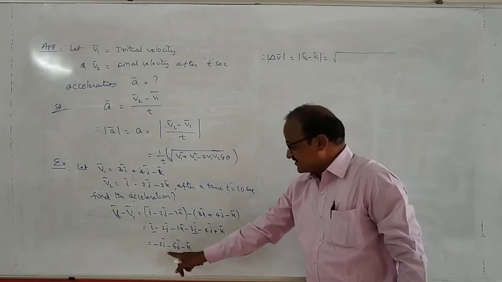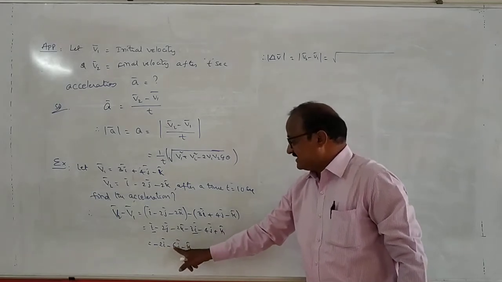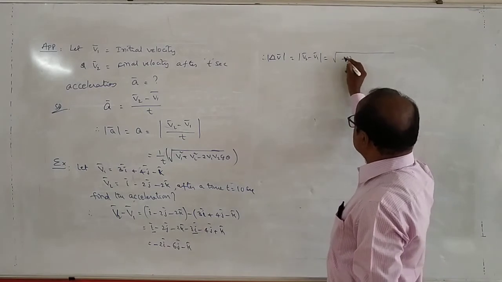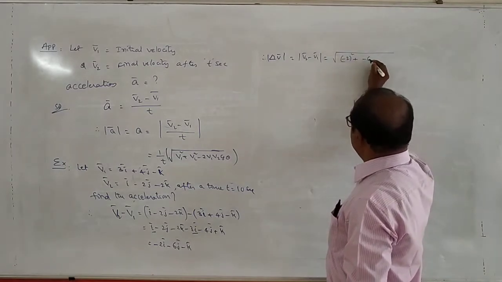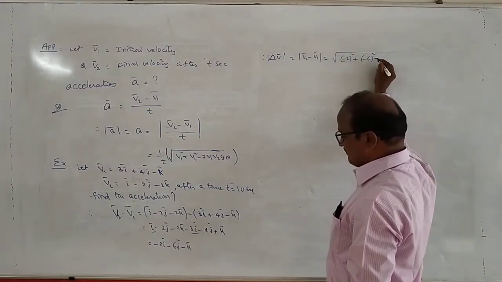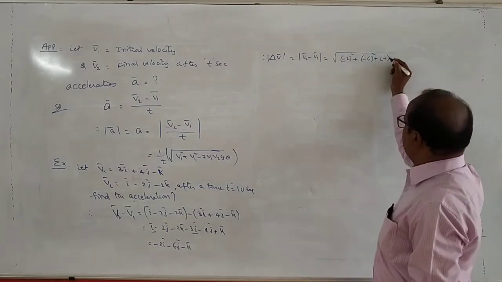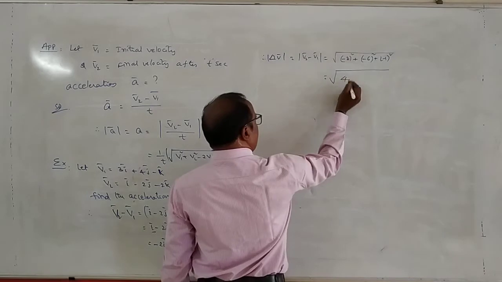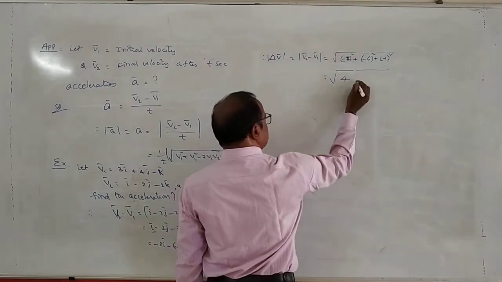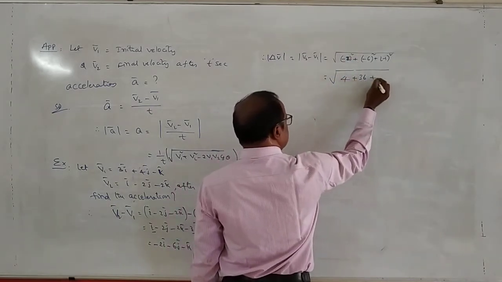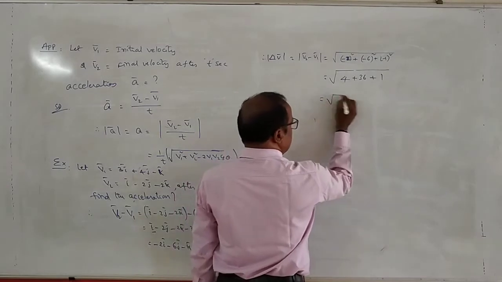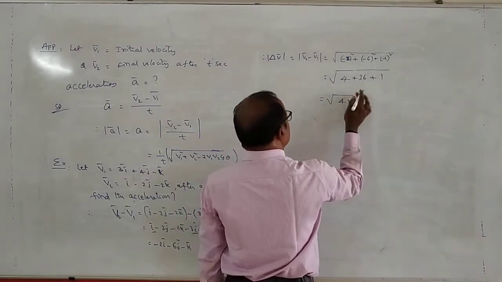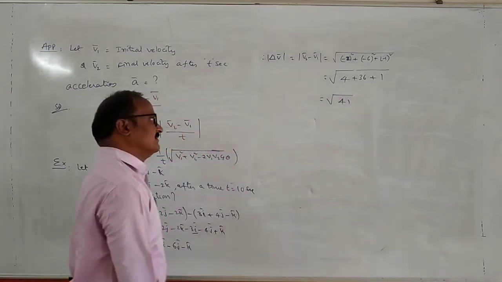Here ax is minus 2, ay is minus 6 and az is minus 1. So it is root of minus 2 whole square plus minus 6 whole square plus minus 1 whole square. That is root of 4 plus 36 plus 1, which is 41. So this is the magnitude of change in velocity, root 41.